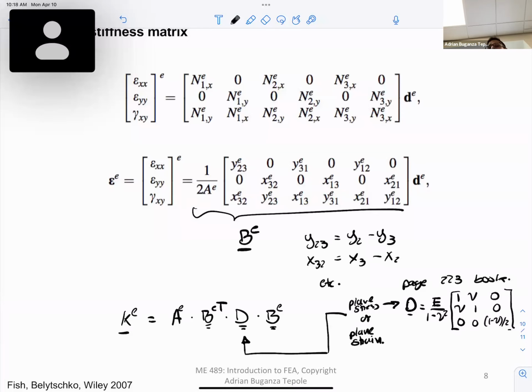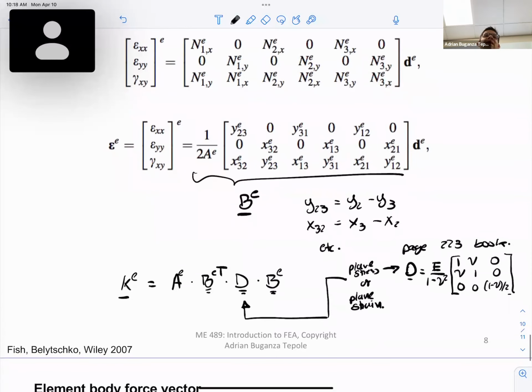This one is in the book, what I would provide. For plane strain, it looks a little bit different. I'm not going to write it down. But again, this D matrix is basically material properties, related to the Young's modulus and the Poisson ratio.